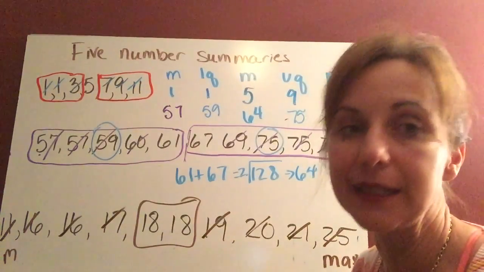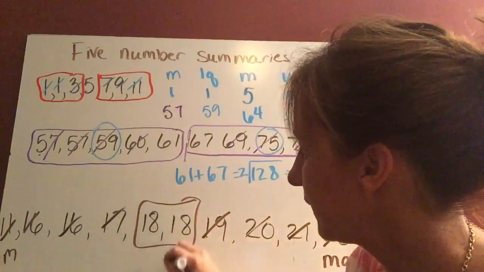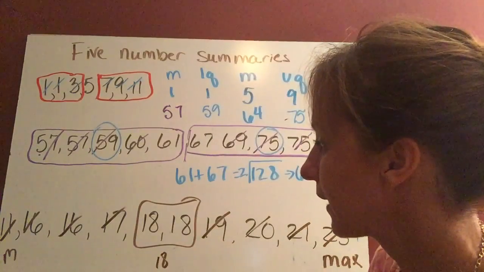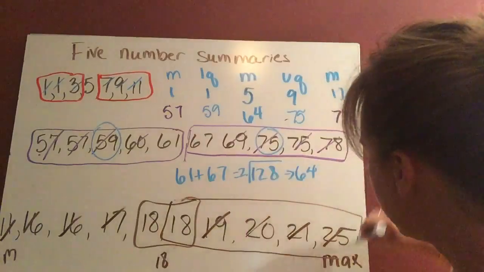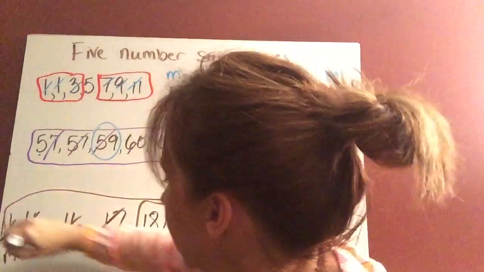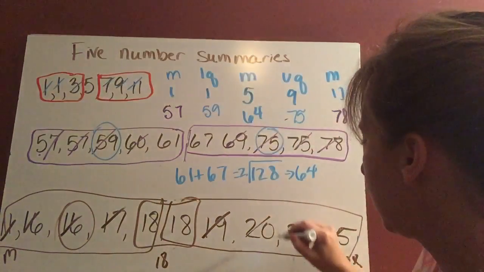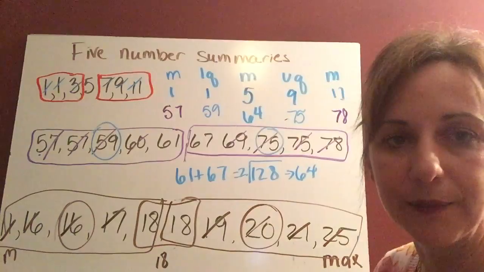Add 18 plus 18 divided by 2, it's 18. So this is our median of 18, and including 18 in both sets helps us easily identify the lower quartile of 16 and the upper quartile of 20.